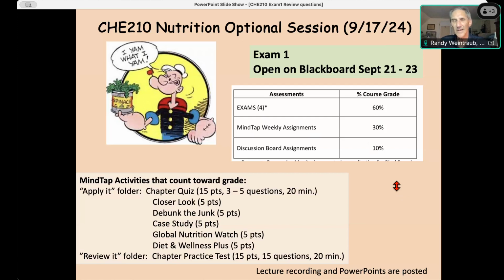We have at the end of the week, starting Saturday through the end of Monday, exam one. As I mentioned earlier, the exam format is 40 questions.